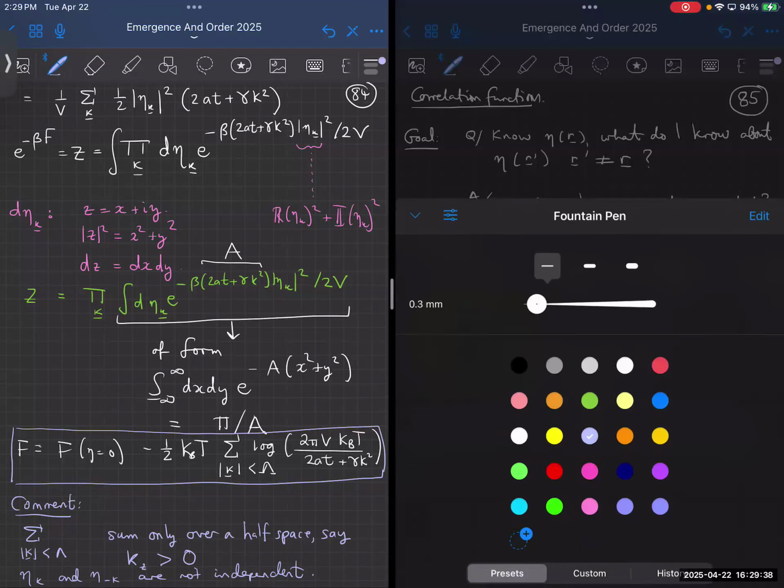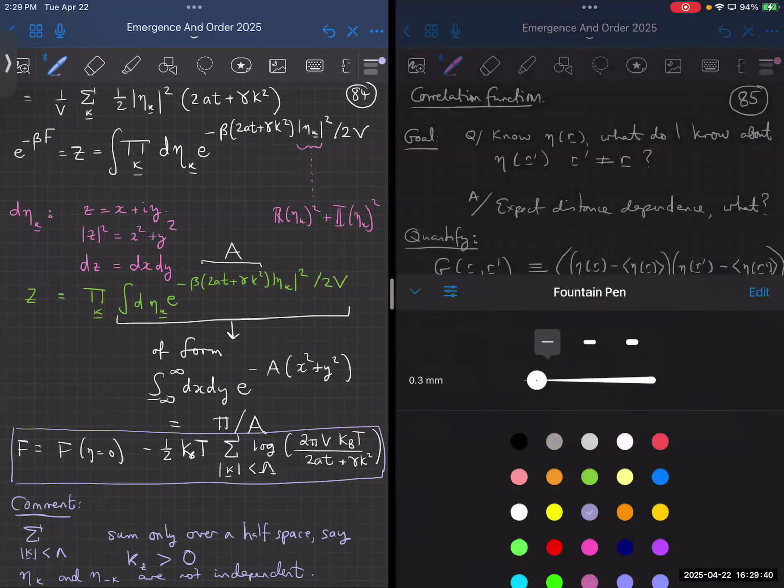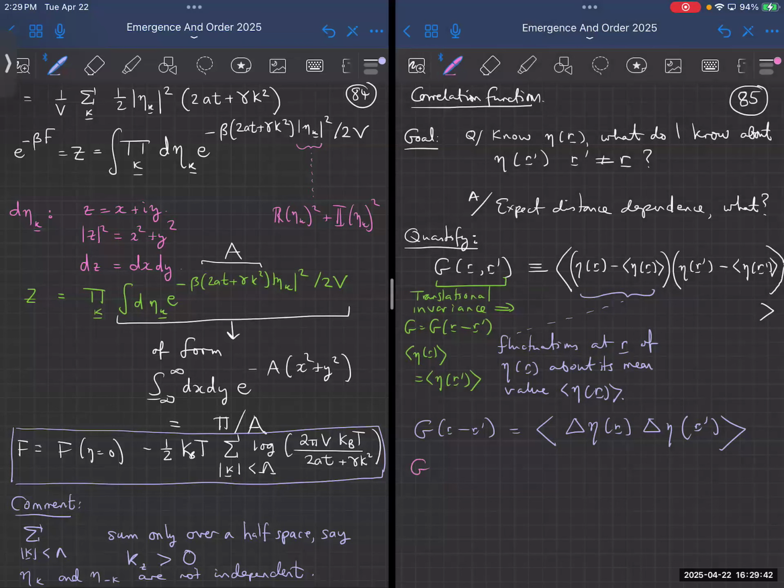We're talking about the correlations of the fluctuations. So G is called the correlation function of fluctuations. It's not the correlation function of the order parameter, it's the correlation function of the fluctuations. We can define a correlation function of the order parameter itself, but it's the fluctuations that actually matter.